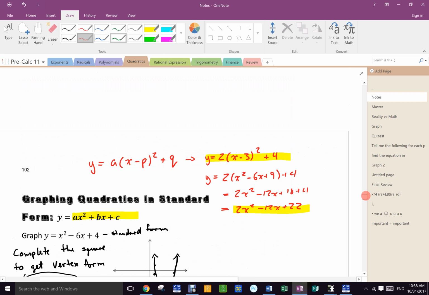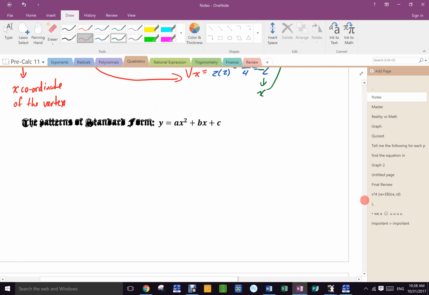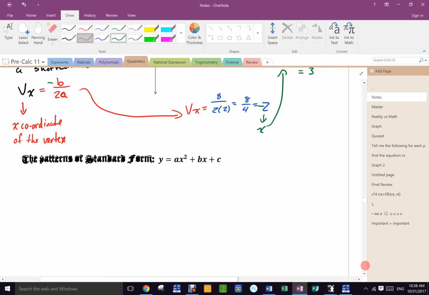So let's talk about what we learned about standard form. 1, we can complete the square. And that gets us vertex form. Second thing we learned. The vertex x-coordinate equals what?